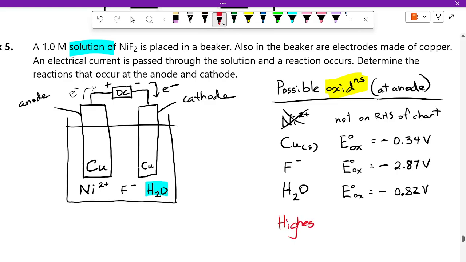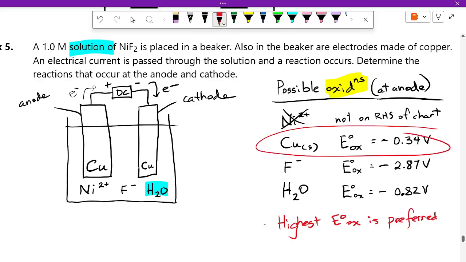The highest E naught ox is preferred. And so that's going to be copper. Okay, so list them out. Cross out anything that can't get oxidized. Get all their oxidation potentials and then choose the preferred one.